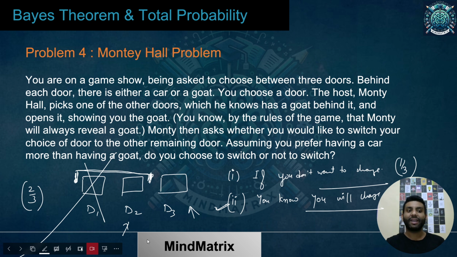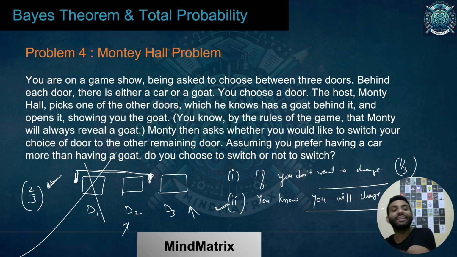Let me just repeat over here. I said that choosing two doors where I feel the car can be there, the probability is 2 by 3. So the chance of me winning is 2 by 3. How is that? If I know D1 and D2 may have a car, I won't be choosing any of these doors. I will be picking D3 initially.